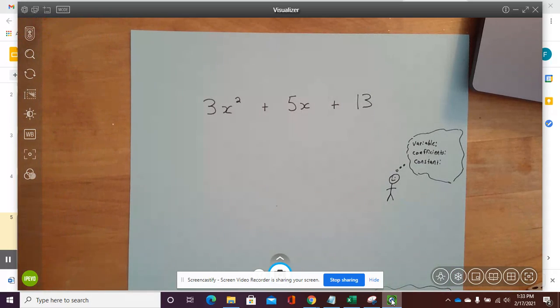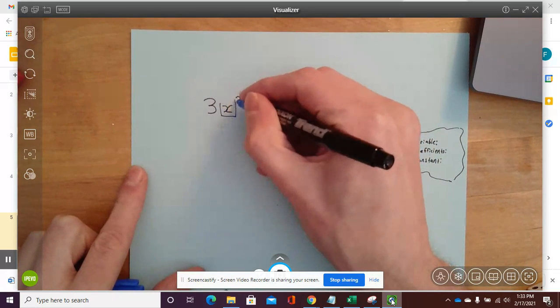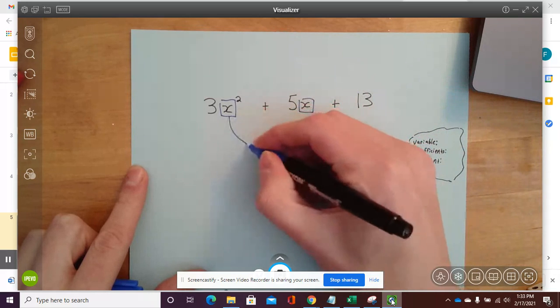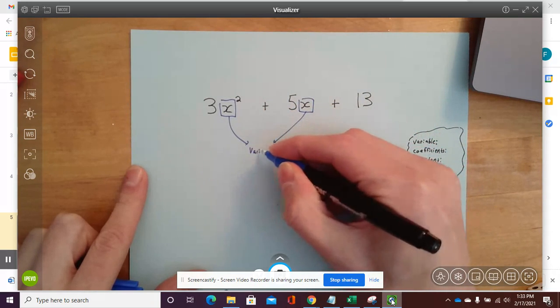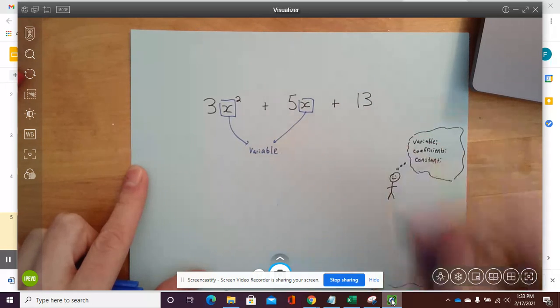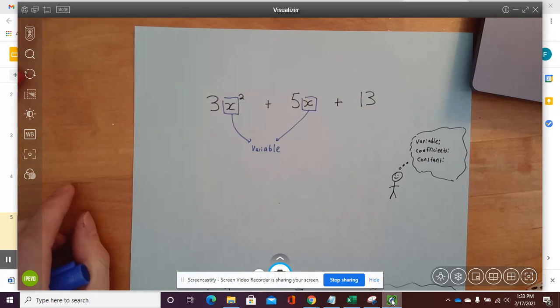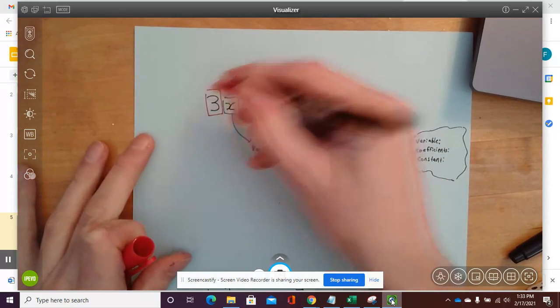So here's an example of a trinomial. We're just again going to introduce some more vocabulary. We call the letter, or the unknown, the word that we're going to use for that is a variable. So variable, if you think about something that varies, it means something that changes. So x, because x can change, or x can be something that we don't know, we call it a variable. The numbers in front of the variables, so I've got a 3 and a 5.